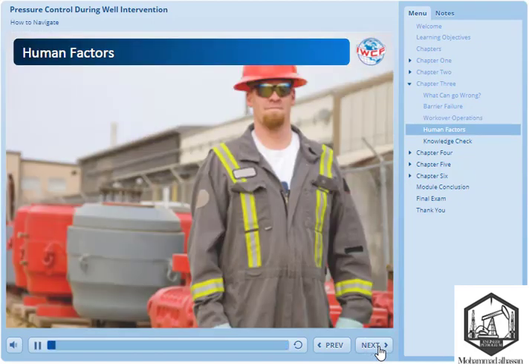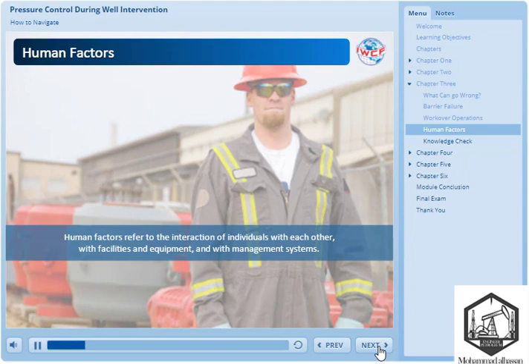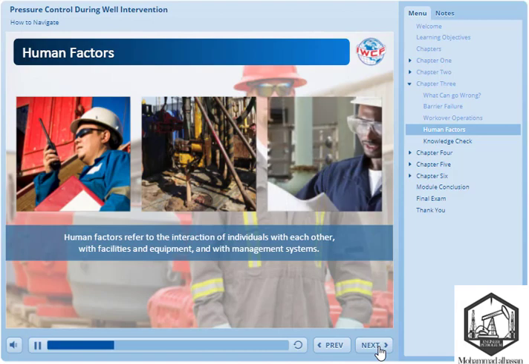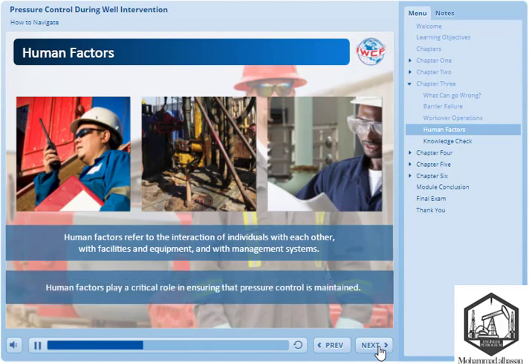As mentioned in Module 4, human factors also have the potential to cause issues. As a reminder, human factors refer to the interaction of individuals with each other, with facilities and equipment, and with management systems. As with drilling operations, in well interventions and workovers, human factors play a critical role in ensuring that pressure control is maintained.